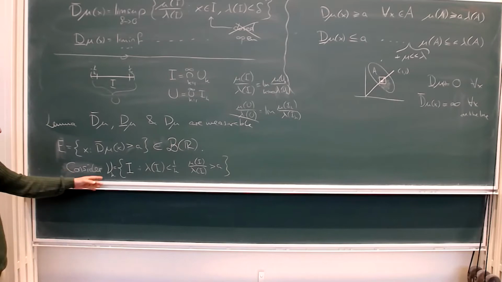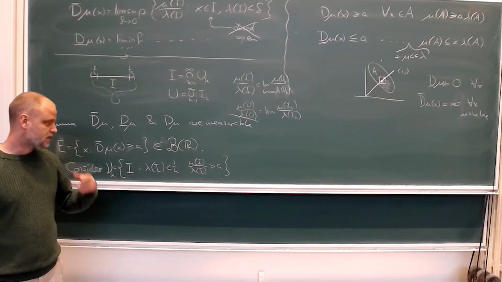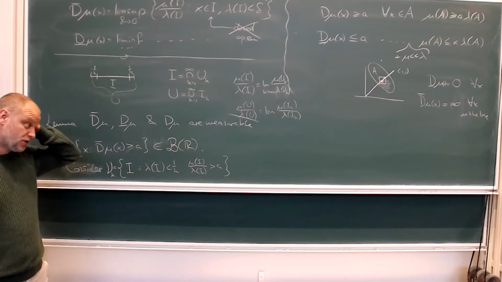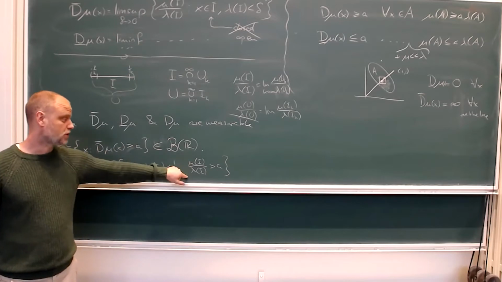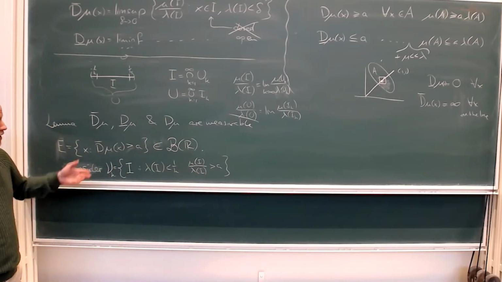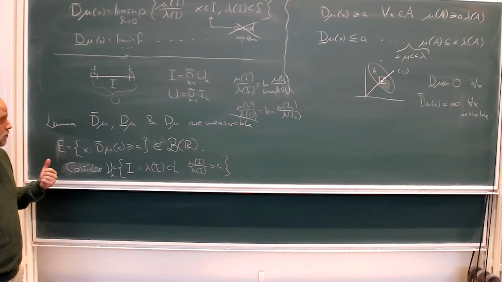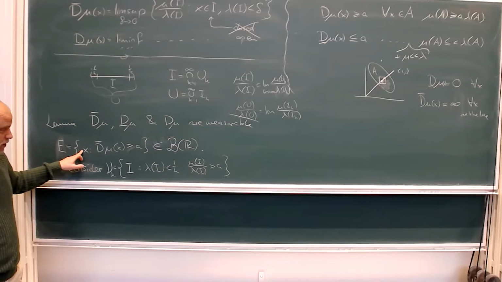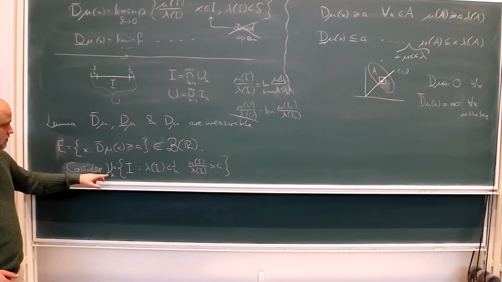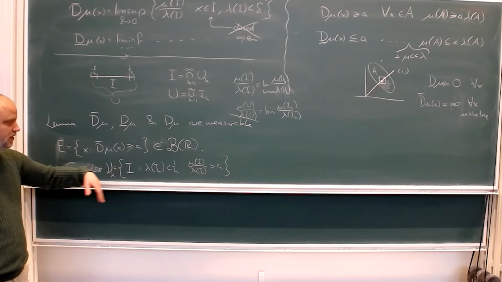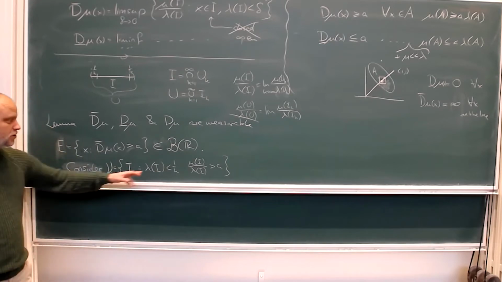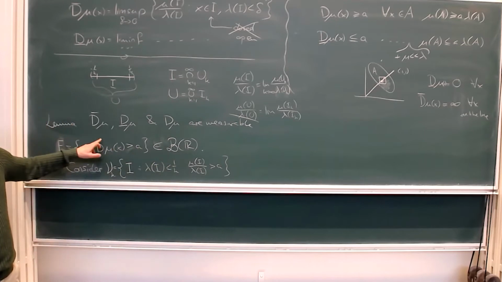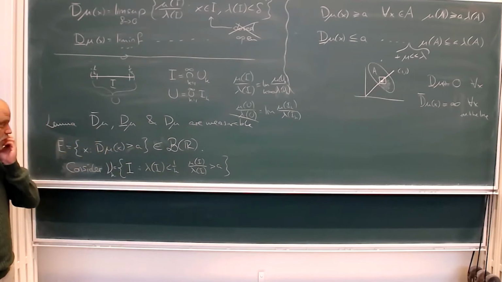Okay, so first consider the collection of intervals of length less than 1 over k, k a fixed integer, such that this quotient is bigger than A. So if x is in this set, then for any k, as long as k is big enough, we can find an interval smaller than this such that this quotient is bigger. That's how lim sup works.